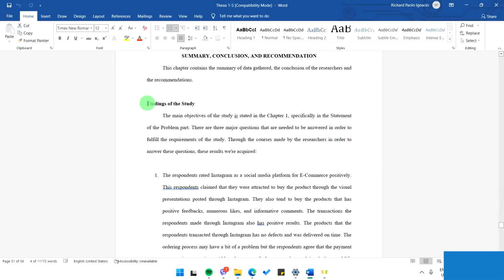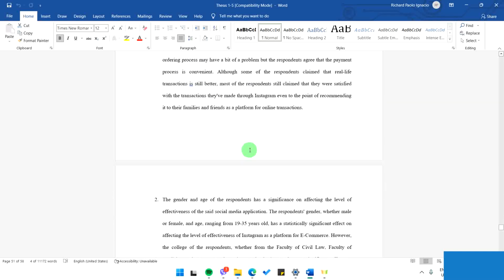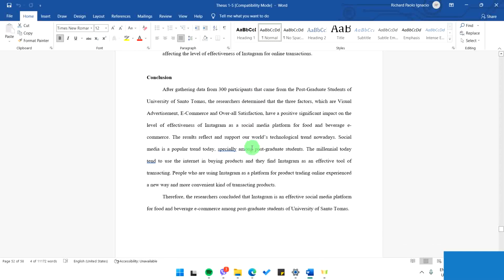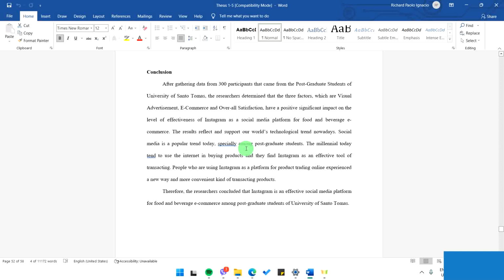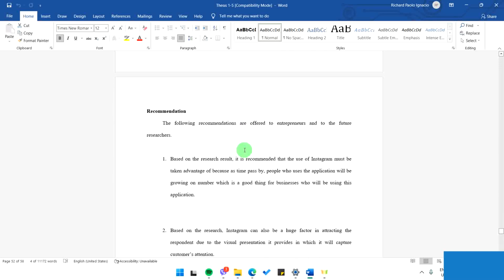ayan, findings of the study is you will now answer your statement of the problem here in the findings of the study. Conclusion, you will have your general answer to the research topic that you are researching about. And recommendation, you will give recommendations to the improvement of the topic that you have.